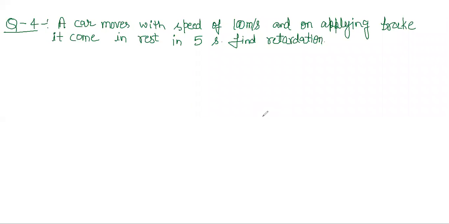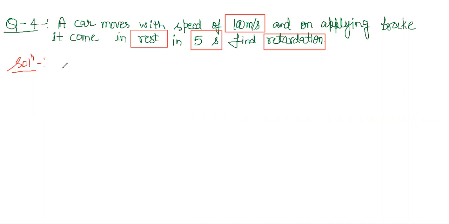Okay, here is question number 4. A car moving with a speed of 100 meter per second, on applying the brake, comes to rest in 5 seconds. Then find the retardation. Okay, so let's do it.